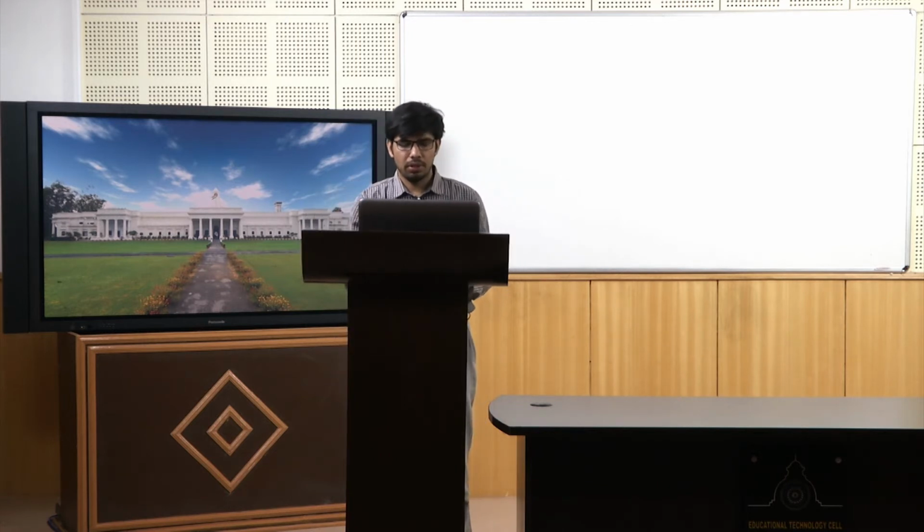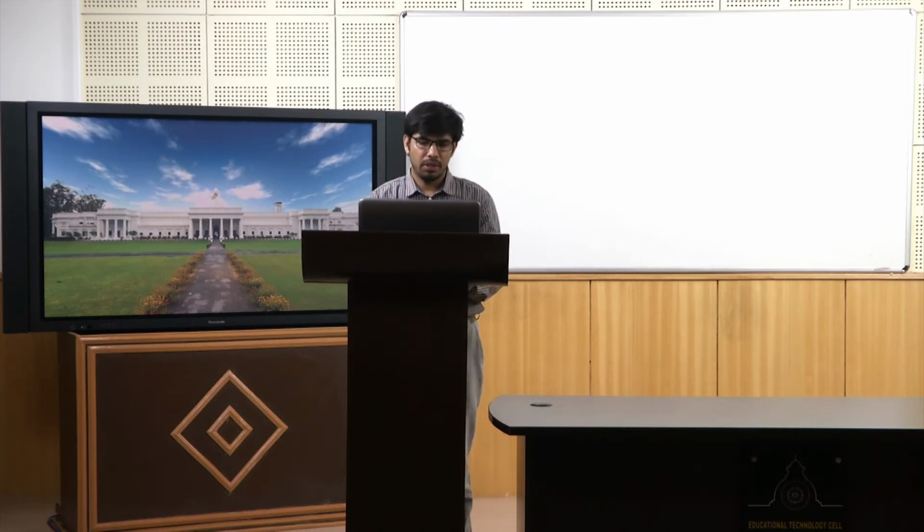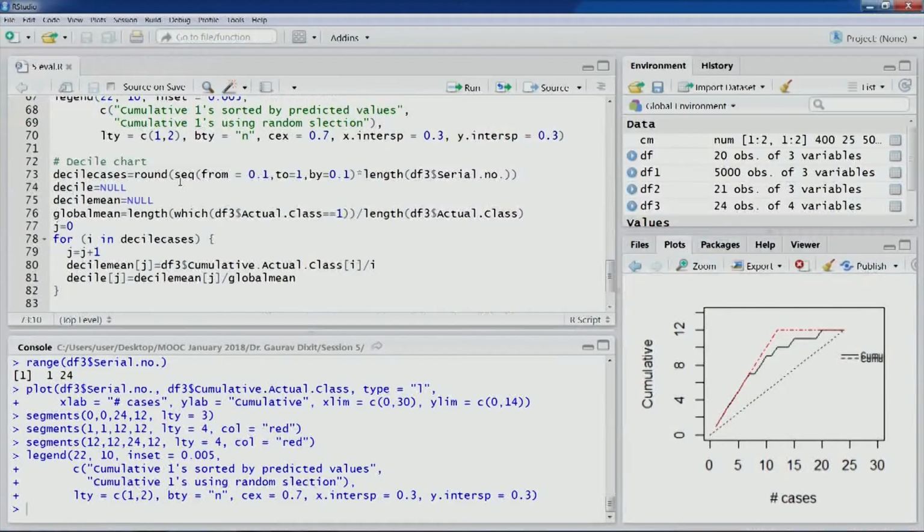As we saw in the gains chart, the comparison was with respect to a reference line. In this case, on the y-axis we will have decile mean divided by global mean. For every decile or bar, we will compute the mean for all those values, and that would be divided by the global mean.